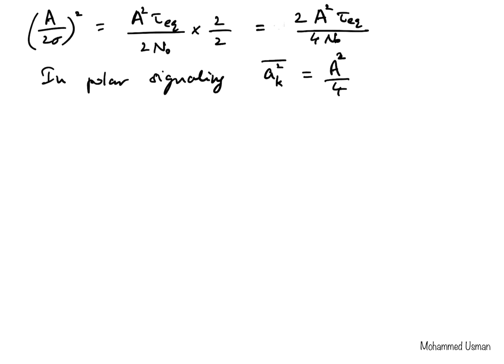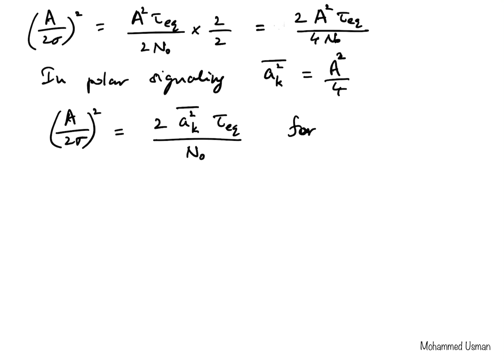So now we have this term a square by 4, which denotes ak square bar for polar signaling. So we can write this a by 2 sigma the whole square as 2 times a square by 4, which is ak square bar tau equivalent by n naught. So that is for polar signaling.